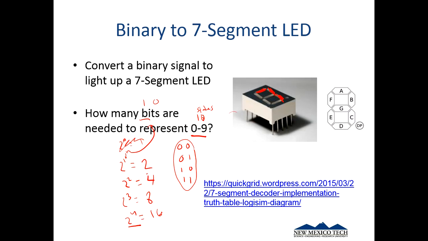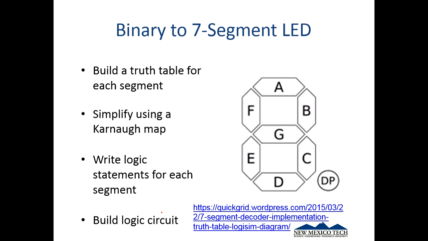But that's okay. And so what we can do is look at this A here and say, okay, when does it light up? Well, it lights up when there's a 0. It doesn't light up when there's a 1. Lights up when there's a 2, lights up when there's a 3.